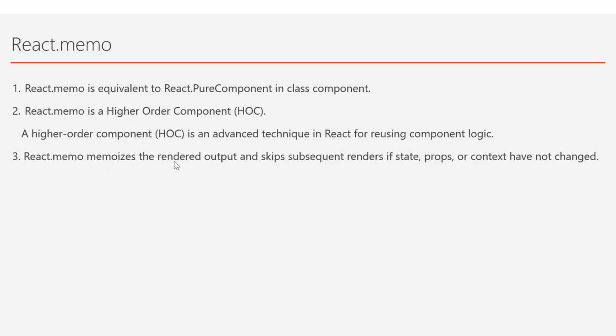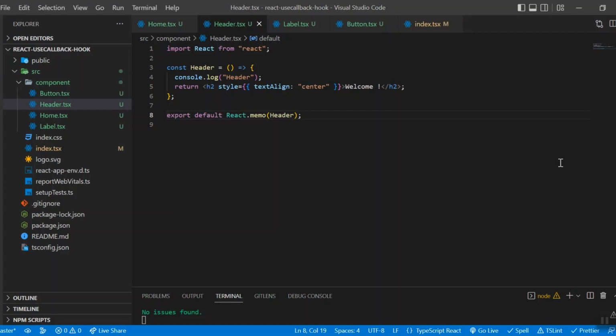It memoizes the render output and skips subsequent renders if state, props or context have not changed. What does it mean? Here I have the header component, and if its props or state don't change, it will not re-render again. So for now I have used React.memo for the header component only.